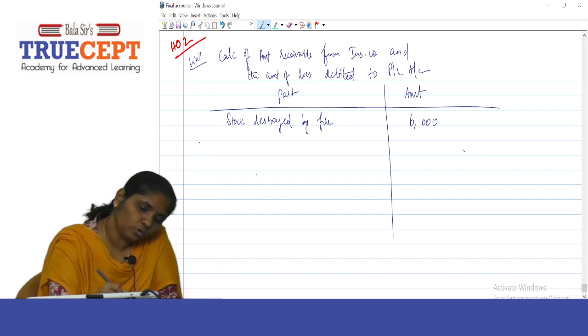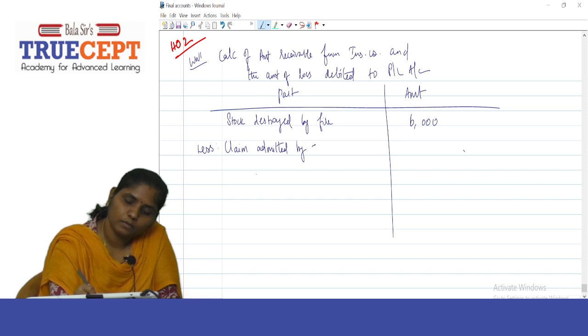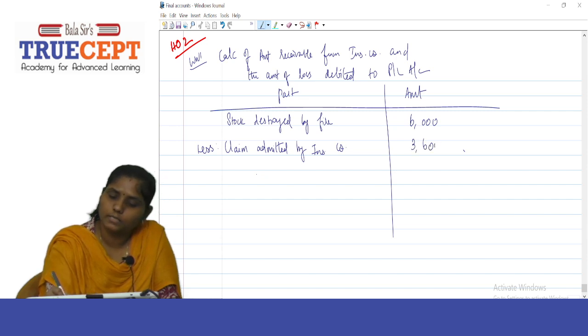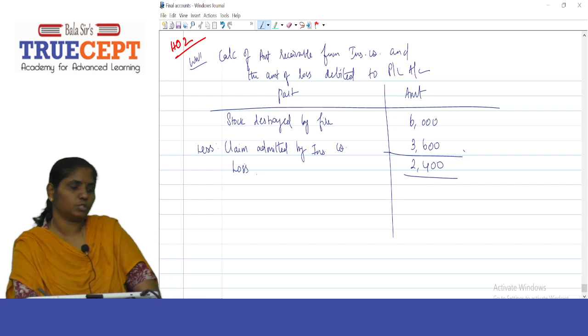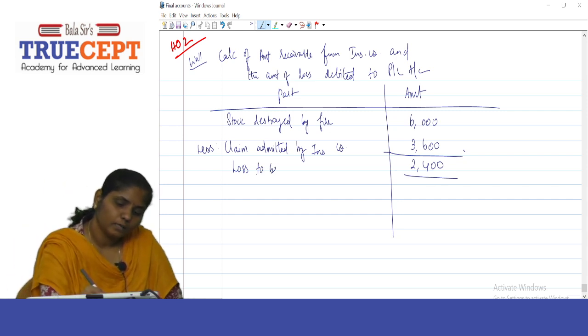Then from that you subtract claim admitted by insurance company. How much? 3,600. Therefore, how much is the difference? Loss to be debited to profit and loss account.